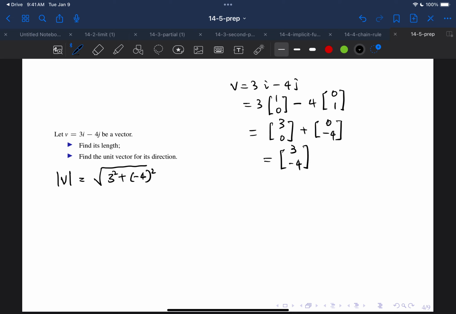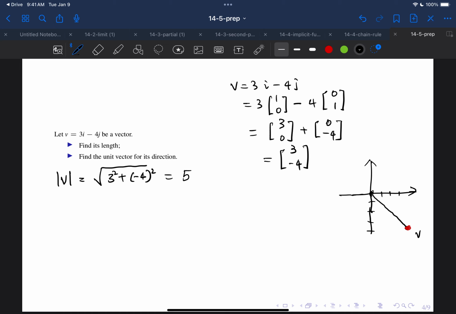We can think of this geometrically in the xy plane. 3 is the x coordinate, the y coordinate is -4, so v is here, and the magnitude of v is indeed the length from the origin to this point, which is given by the formula: 3 squared plus (-4) squared, and then take the square root, which is 5.